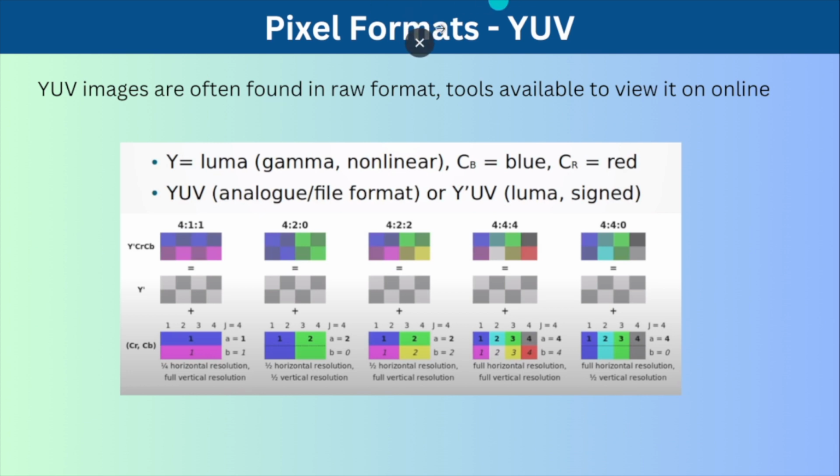Y stands for luma and UV stands for chroma. YUV is also called YCbCr, where Cb is blue and Cr is red. Y stands for brightness and UV stands for the color information.